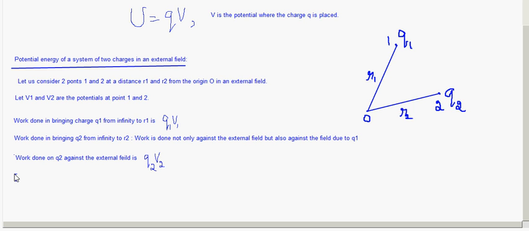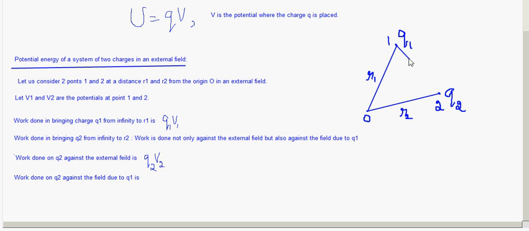Work done on q2 against the field due to q1 is q1 q2 divided by 4 pi epsilon naught and the distance between 1 and 2.